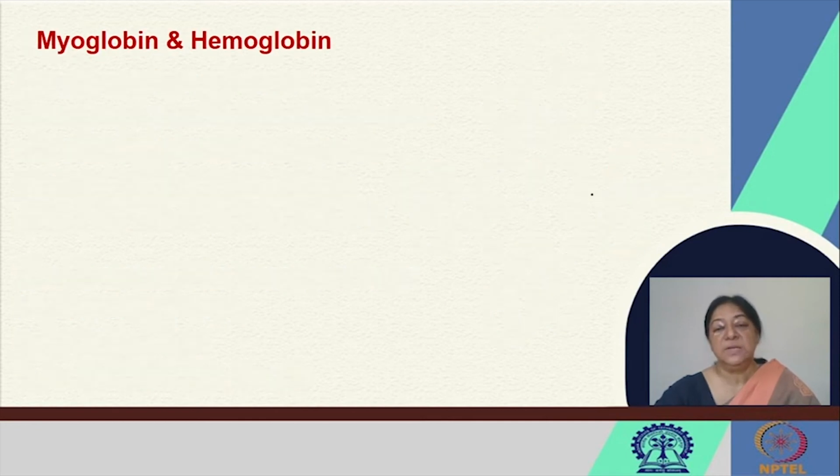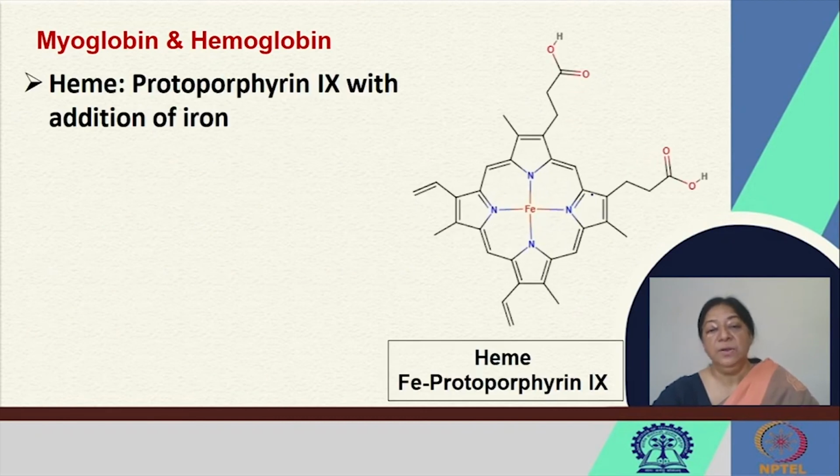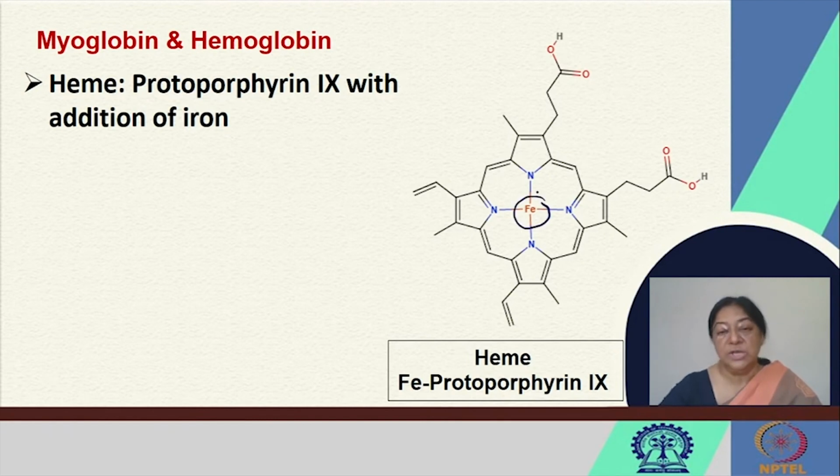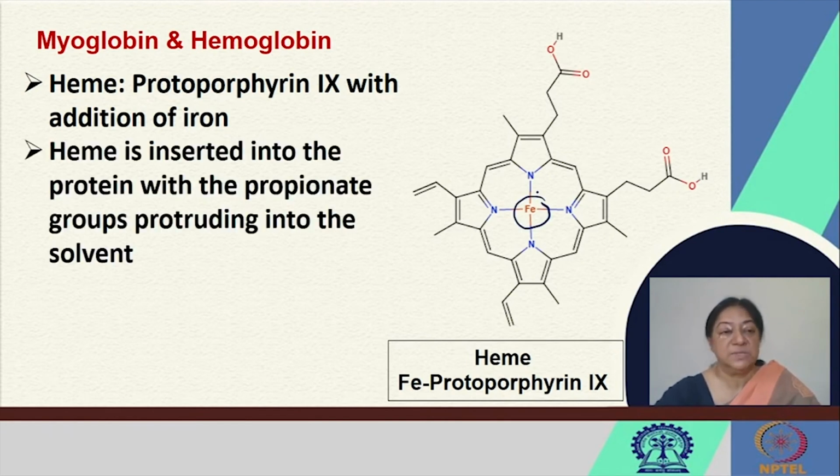Together, this binds the iron to form what is called heme. So heme is iron bound to protoporphyrin IX in the manner shown, where the coordination is with the nitrogen atoms.